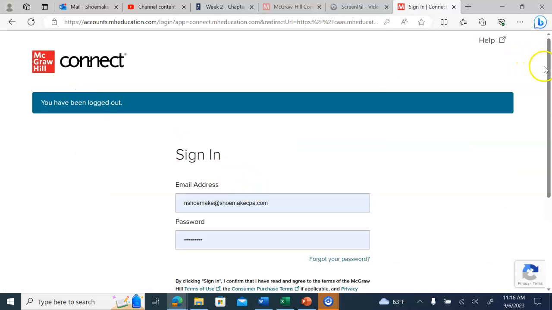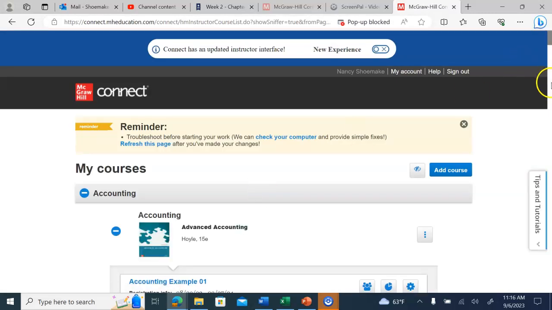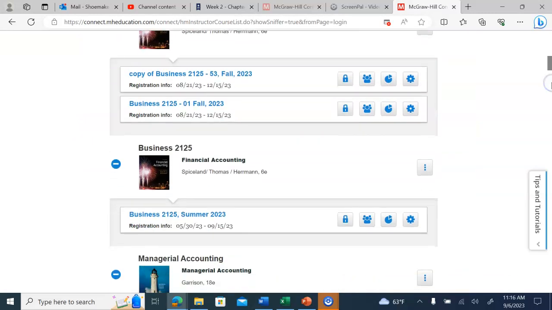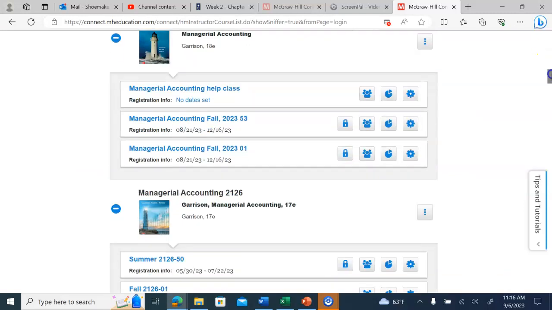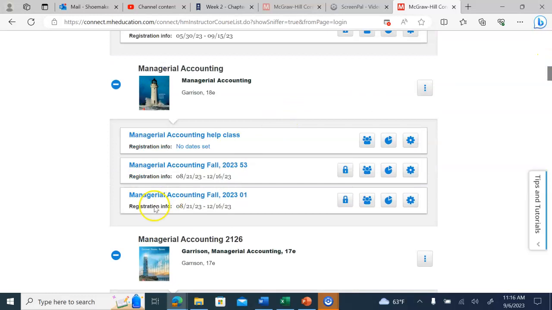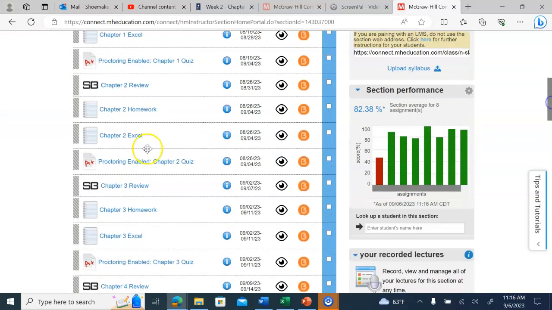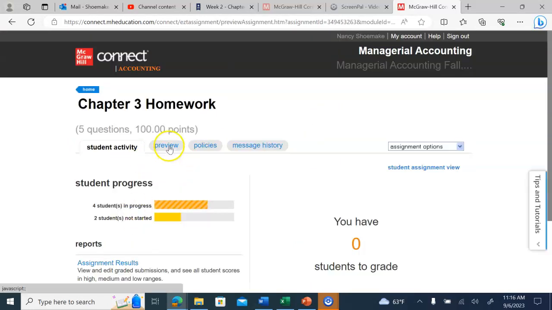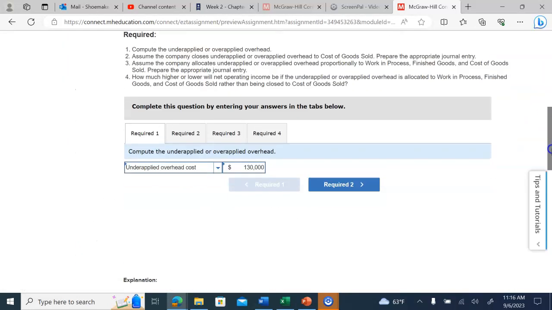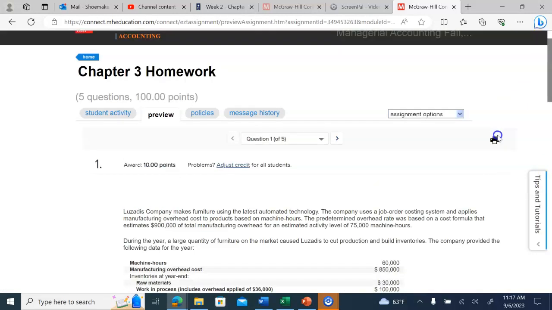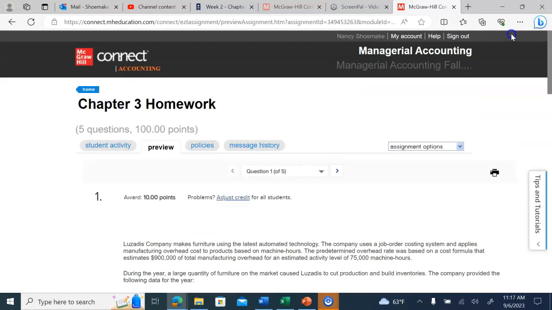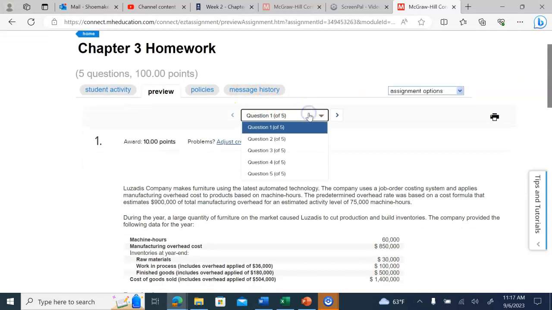Is this a... Fall 01 23 homework preview. You don't see that on number 2?